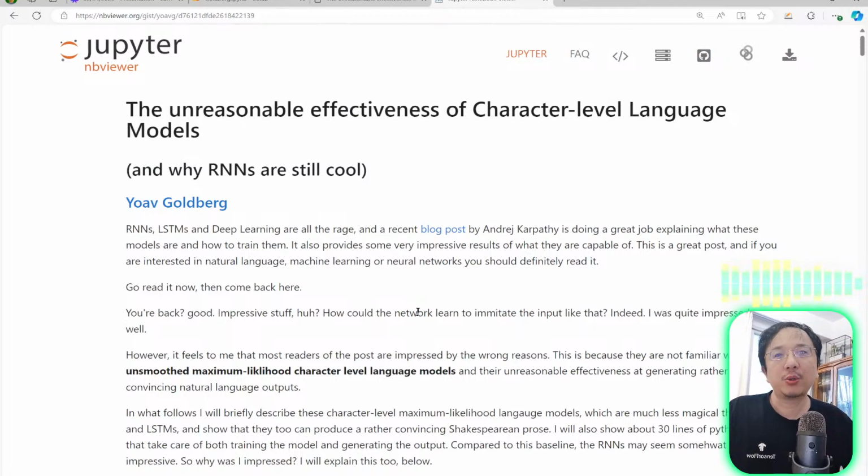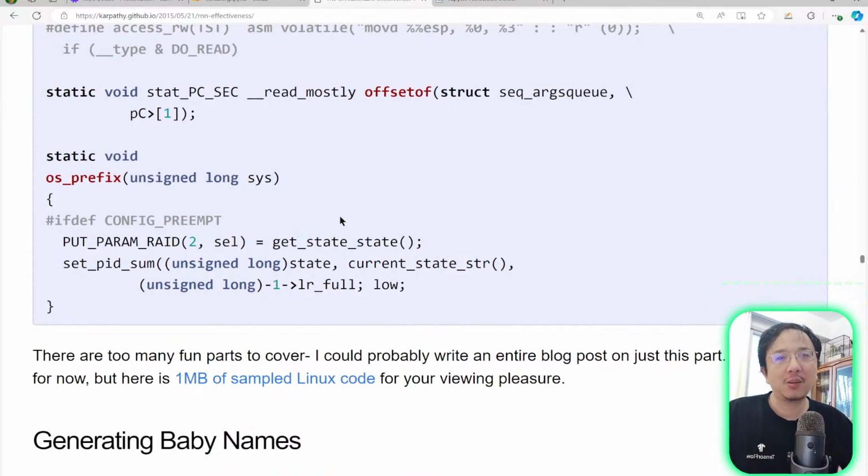And he tried to construct a simple character level language model, very simple, without a neural network, and to see how much we can achieve. So the difference between this work and that work may indicate the contribution of the neural network.